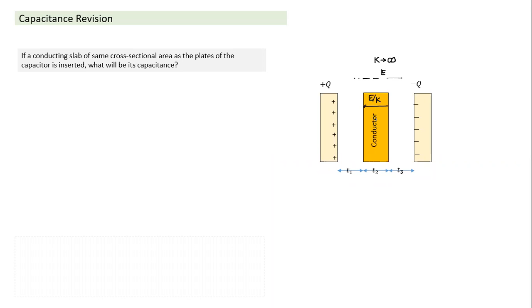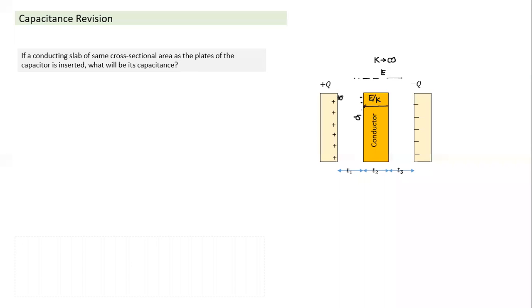If the field inside the conductor is 0, it implies the dielectric constant for a conductor is infinity. And why is the dielectric constant infinity? Because the induced field is equal to the external field. So if the charge here is plus sigma, the charge induced on this surface will be minus sigma. So the induced charges in case of a conductor are the same as these charges here. So it completely nullifies the field created by the external charge.